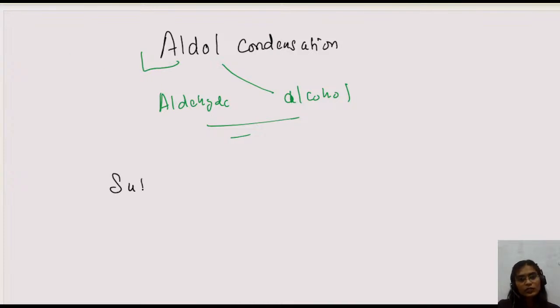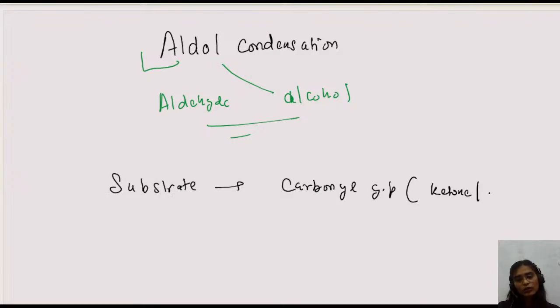Which kind of substrate participates in an aldol condensation? This is really very important. It is the carbonyl group; in the bracket, you have to write it can be a ketone or an aldehyde. An acid is not going to give the aldol condensation reaction.